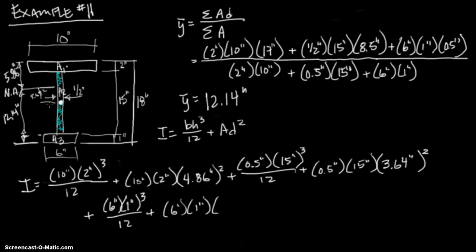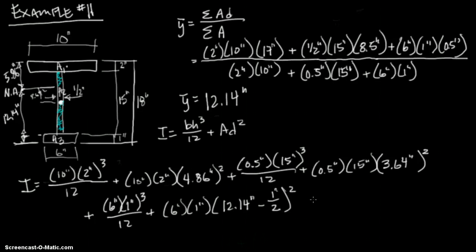So we already know that this is what? 12.14 from here, from the neutral axis to here. So that'd be 12.14. You can just write it out like this. 12.14 minus 1 inch divided, not by 12, that's stupid, divided by 2. Or 12.14 minus ½ inch, that's squared.